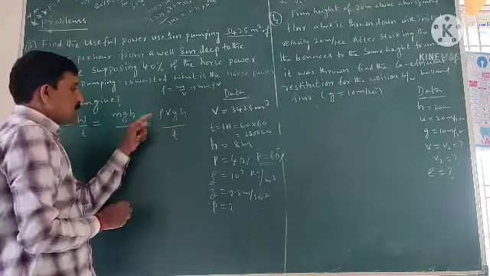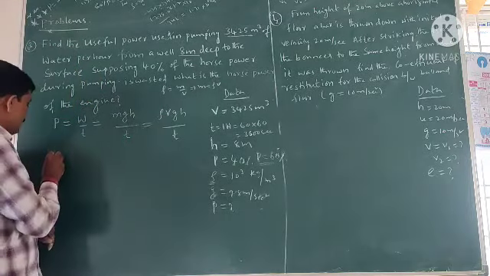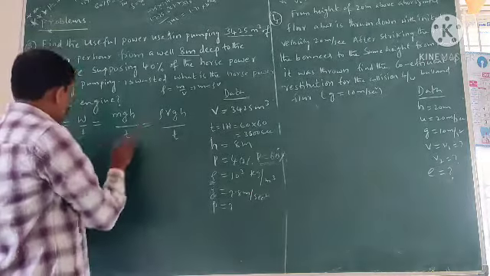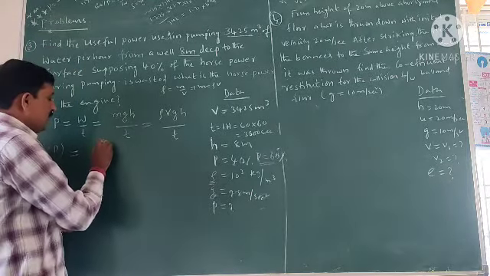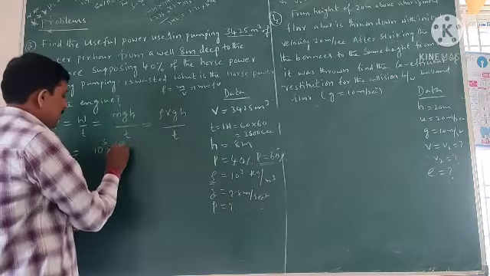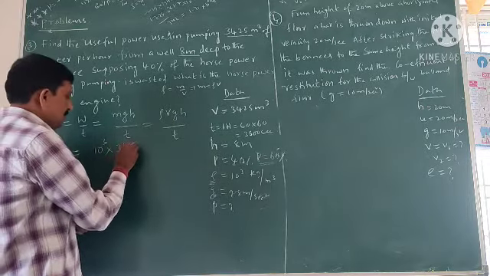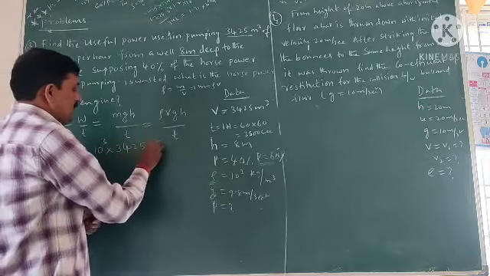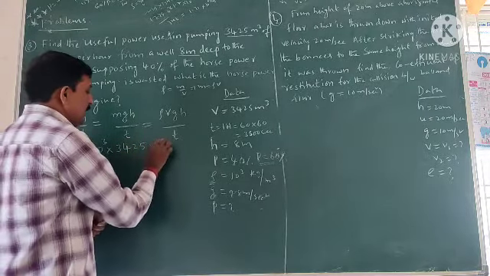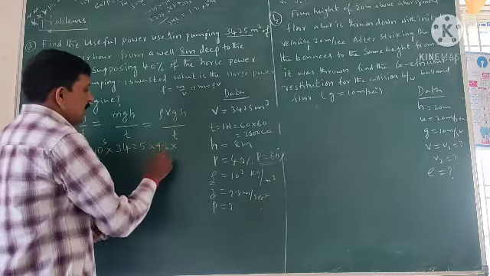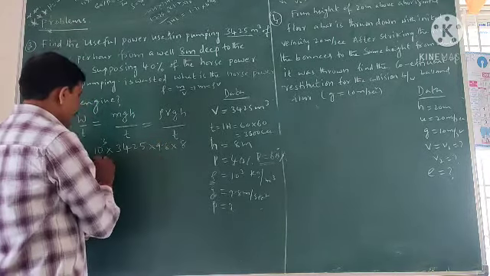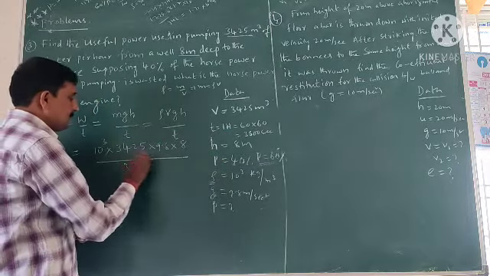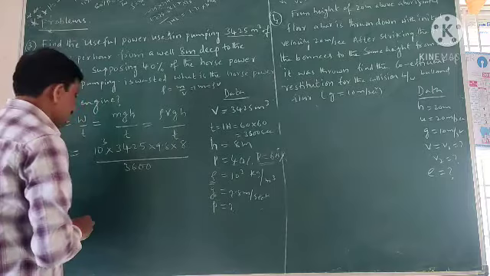Now substitute the values in this formula. P is equal to rho, 1000, 10 power 3. V, the volume of water, 3425. G is 9.8. H value is 8, divided by T, which is 3600.